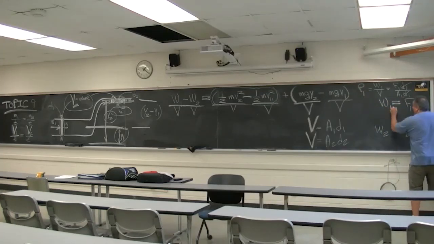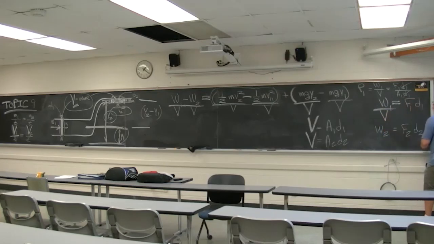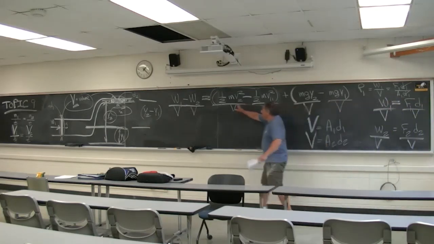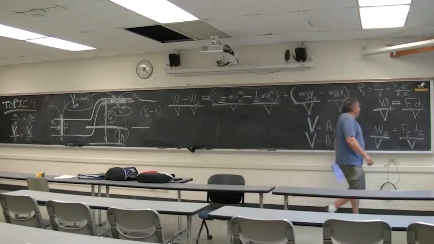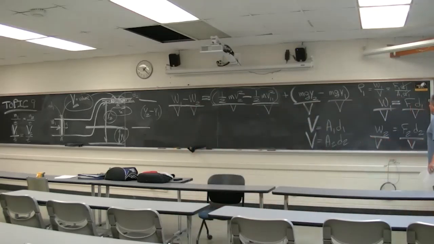Basically what you're doing here is dividing this by V, and dividing this by V. Why am I doing that? Well, this stuff is all divided by V. Wait a minute. Isn't V the same as A1 D1?